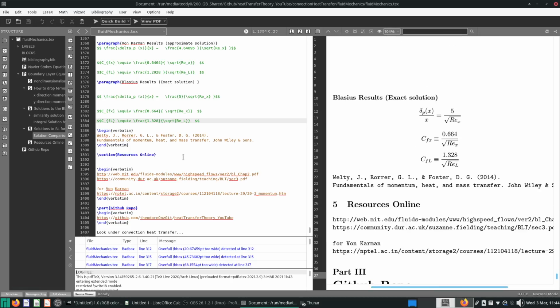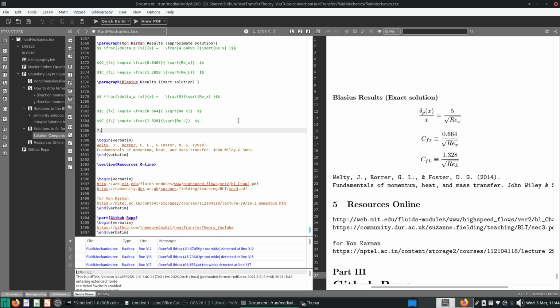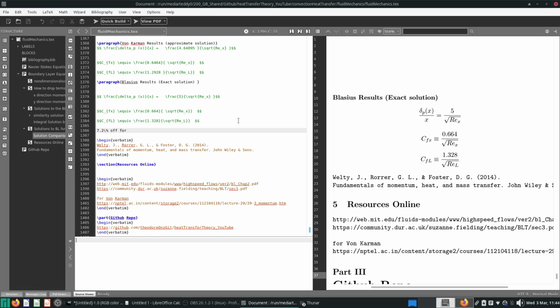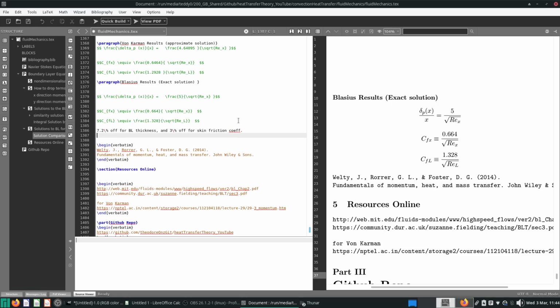So 7.2% off for BL thickness, and 3% off for skin friction coefficient. That's pretty good.